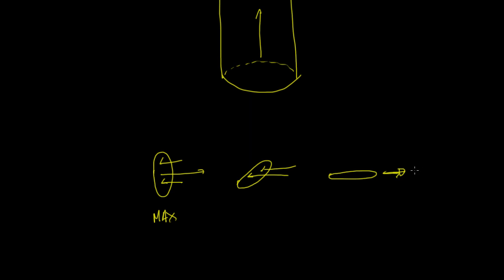So the air resistance, you can see coming in here, that shape has got little effect, it just flows over the top. The air resistance here is greater, and this surface here has got an even greater. So the area that is open to the airflow is going to give us the maximum resistance, and the area that's closed to the airflow is going to give us a minimum resistance.